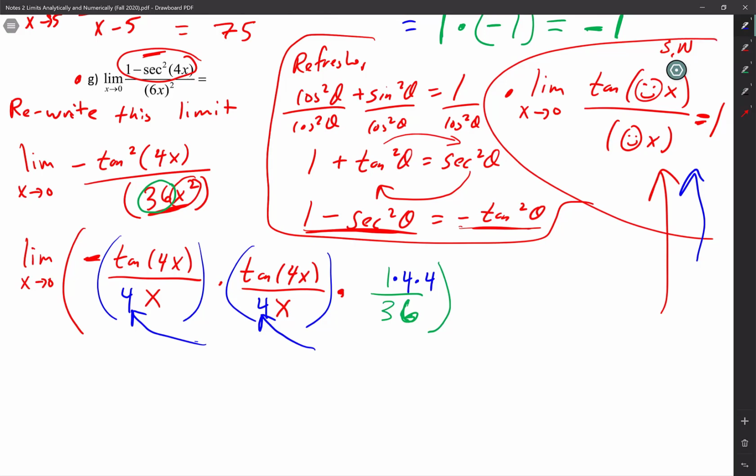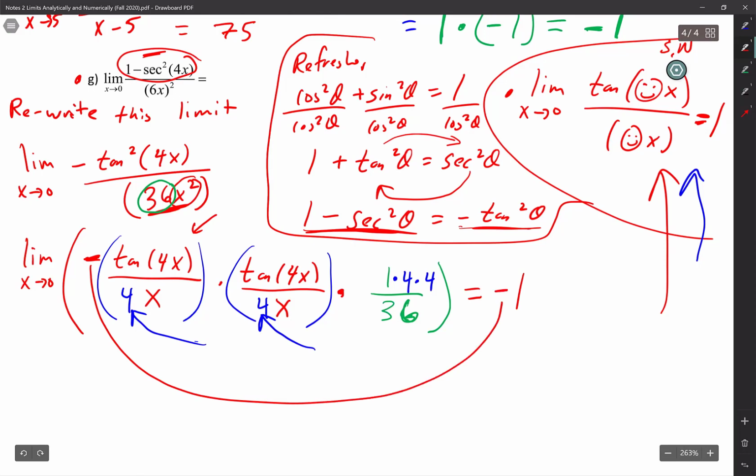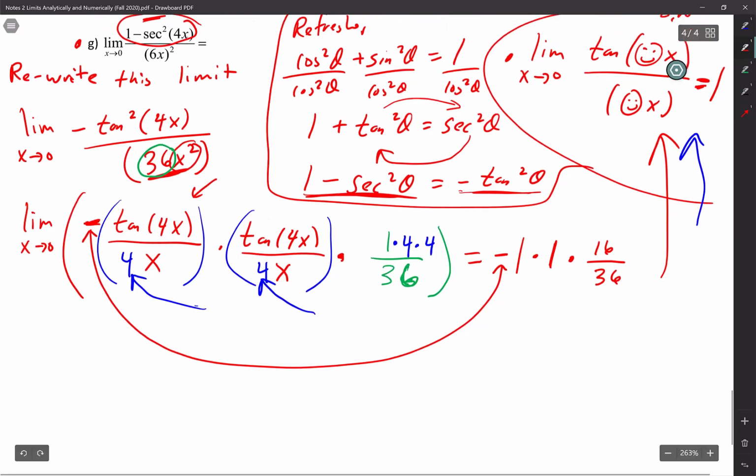And there we go. We finally got our work. This expression, all of it is 1. Don't forget the negative. That negative, I'm going to put it right here. Times another 1, times, let's see, 4 times 4, that's 16, over 36. So there it is, and that looks like it reduces.